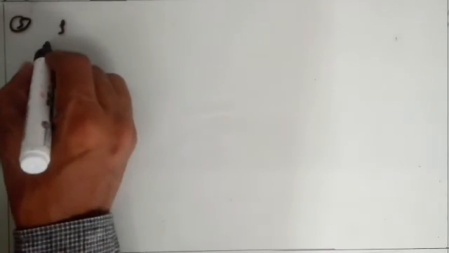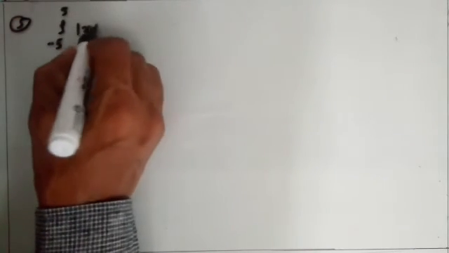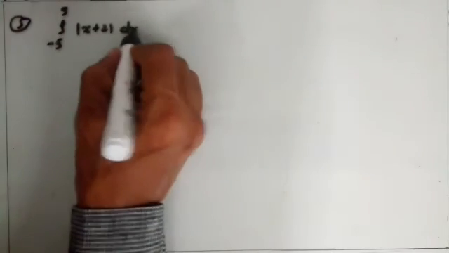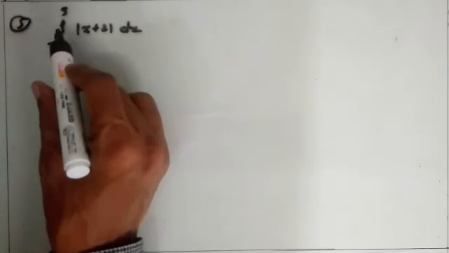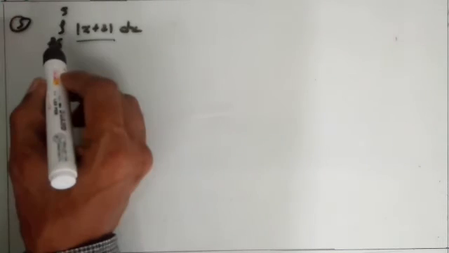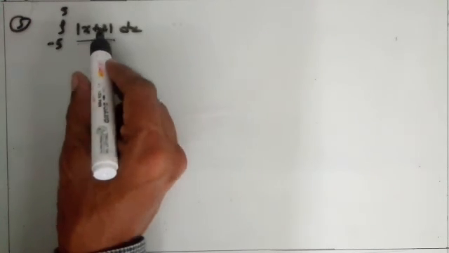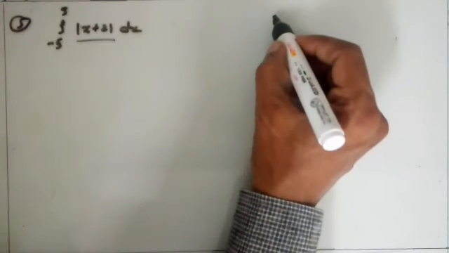Now question number 5. Important question, remember this. Find the definite integration from minus 5 to 5 of mod of x plus 2 dx. Remember this: in this type of integral with mod of x plus 2, where the limit is given as minus 5 to 5, first we check where the value of x plus 2 becomes 0.